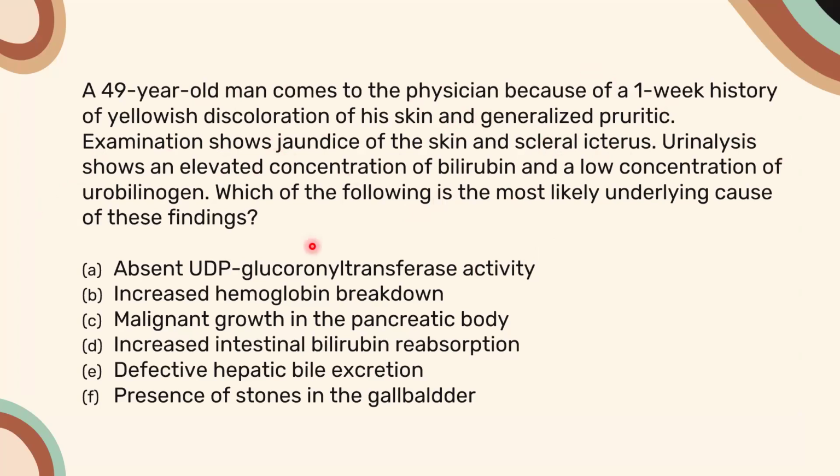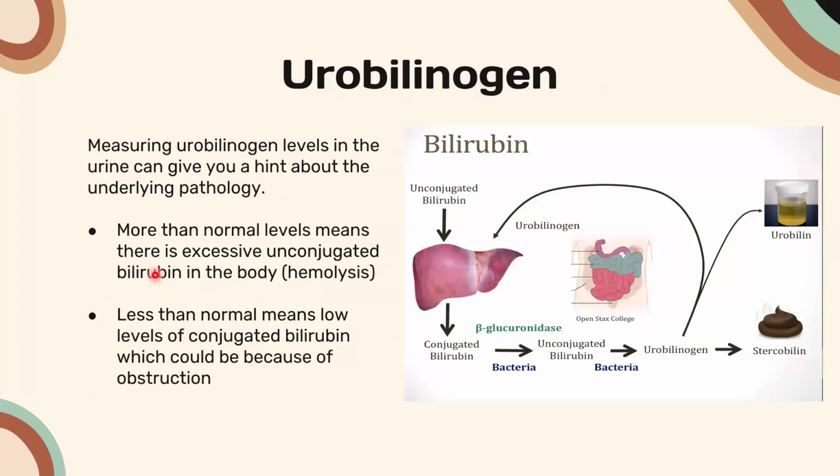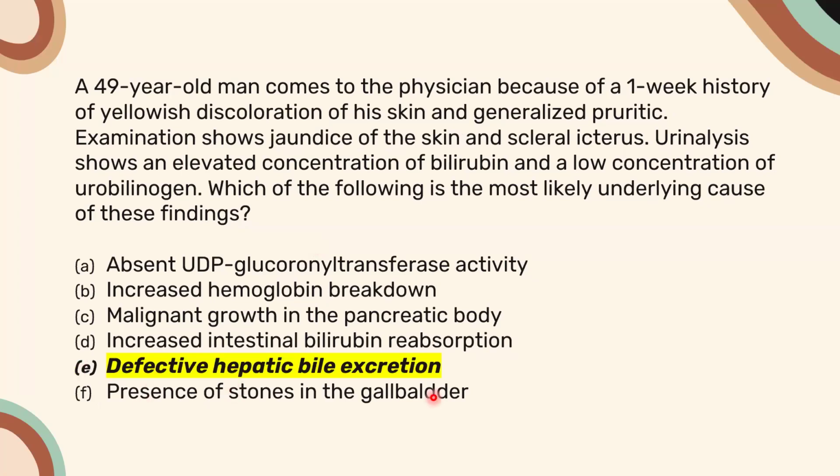Which of the following is the most likely underlying cause of these findings? So here it is basically defective hepatic bile excretion, and we talked about how if you see less than normal levels of urobilinogen, this basically means that there could be an obstruction somewhere, okay, which is why this is the answer.